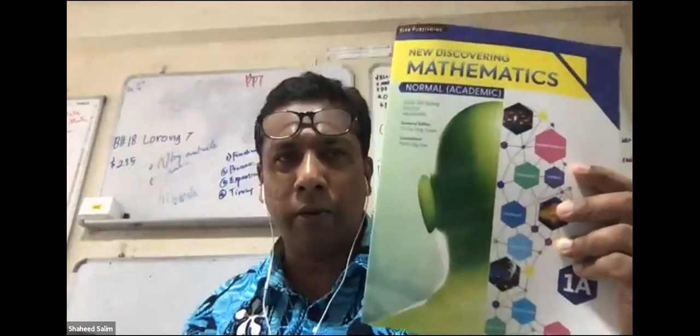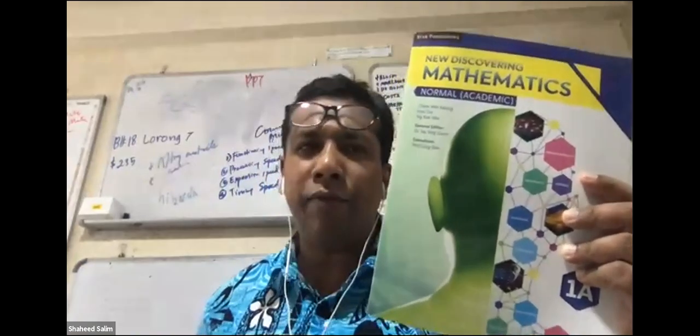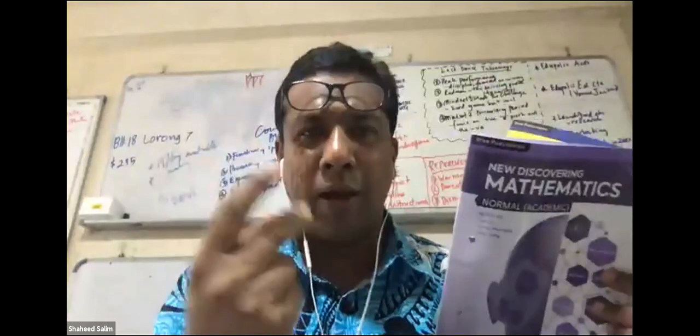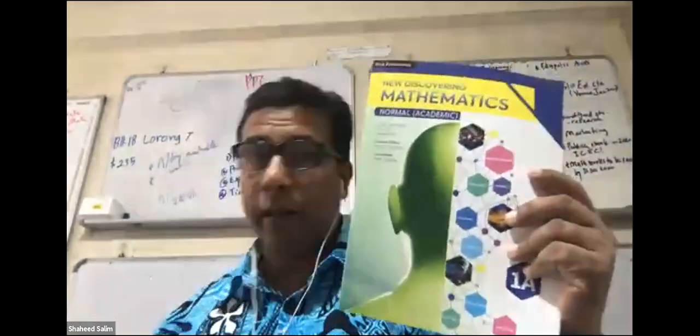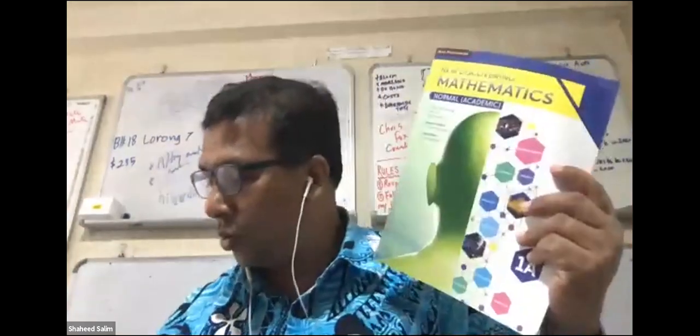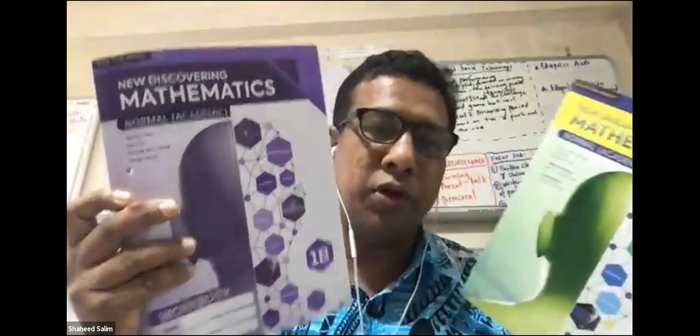Now this book is the other textbook. Remember, did you buy this book? This is the workbook. There are 2 textbooks for Sec 1 Normal Academic. So one is this one, and the other one is this one, right? I'm now using the workbook from the other book, which if you can, you should buy.